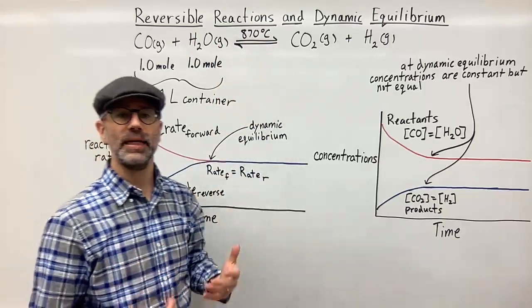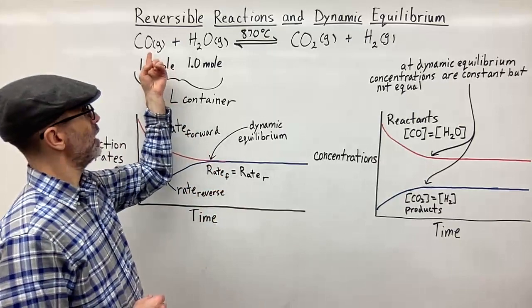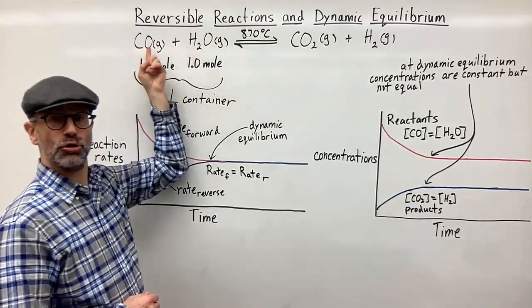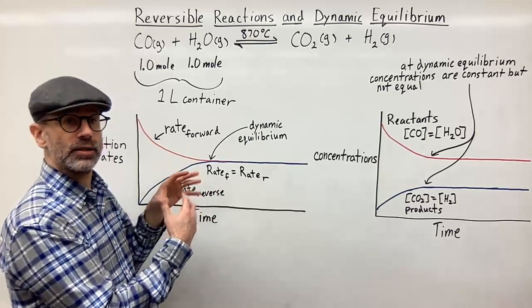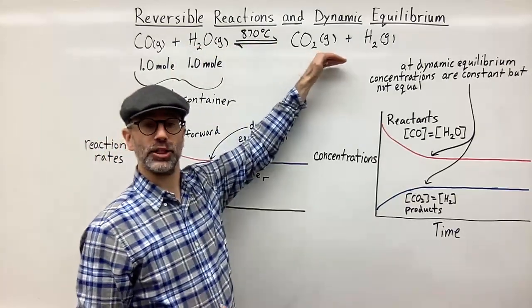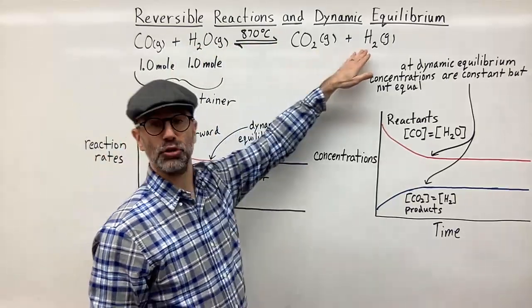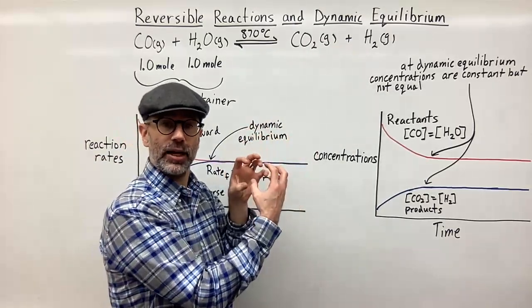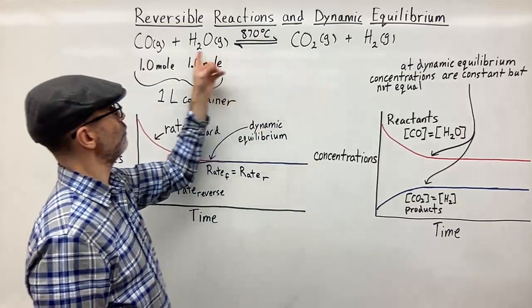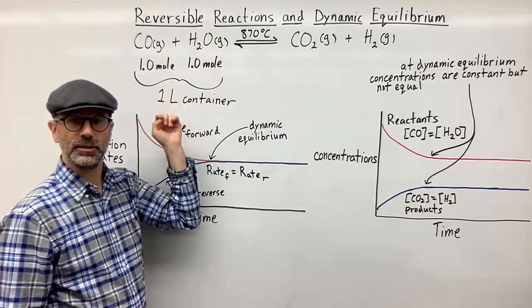And so what that means is, as these two are colliding together to form products going in this direction, these two products can then collide together later and reform the reactants.